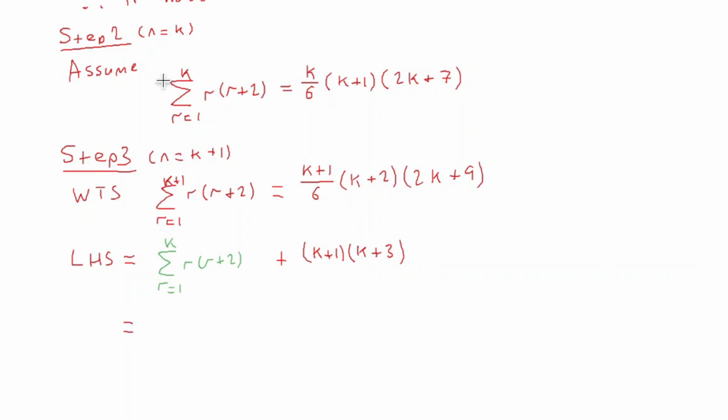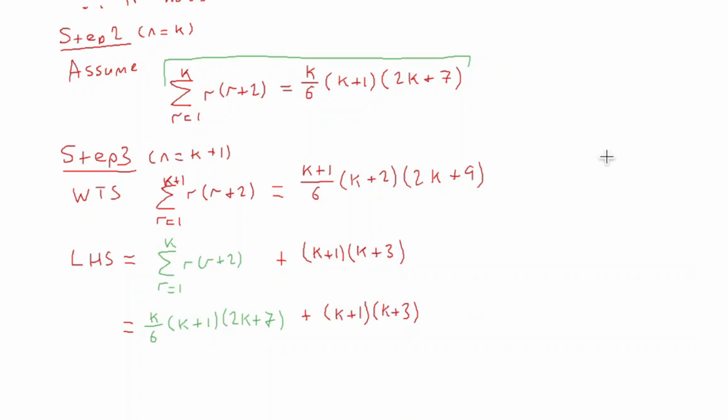Now we make the substitution using our assumption step, which means this whole thing here is going to be k over 6 times (k plus 1) times (2k plus 7), and then plus (k plus 1)(k plus 3).